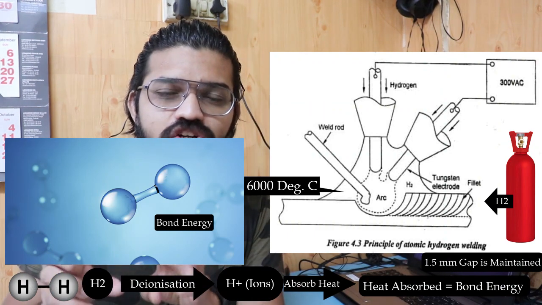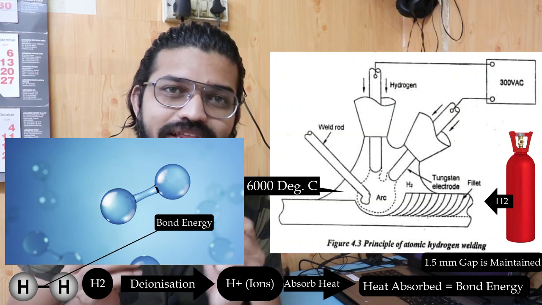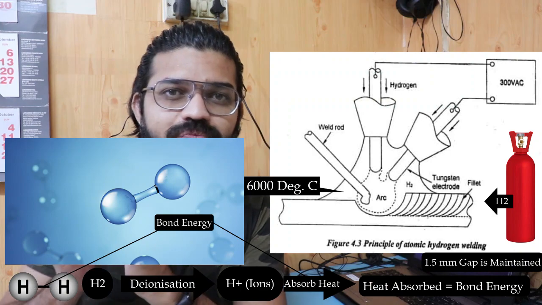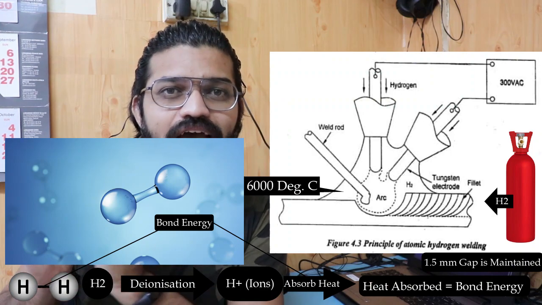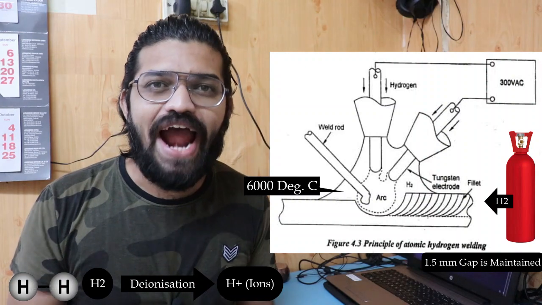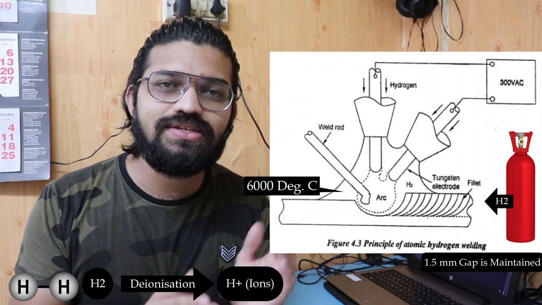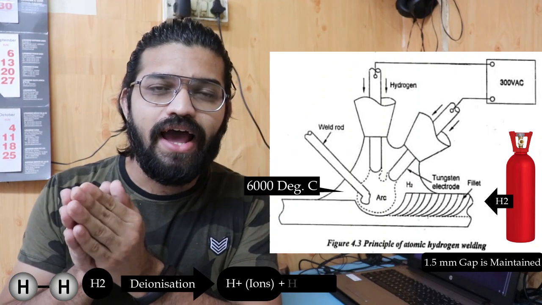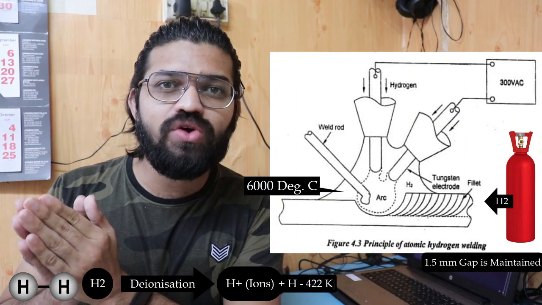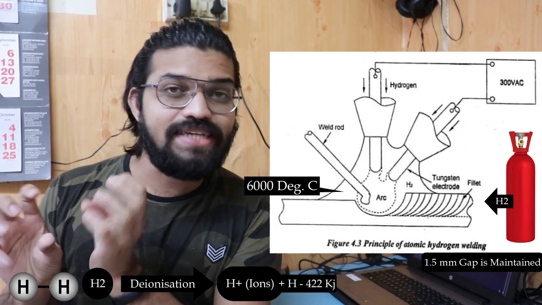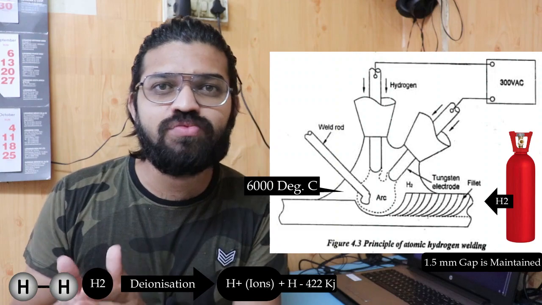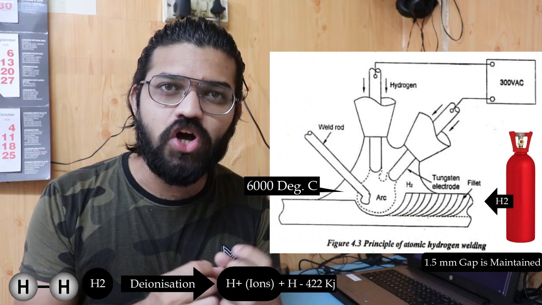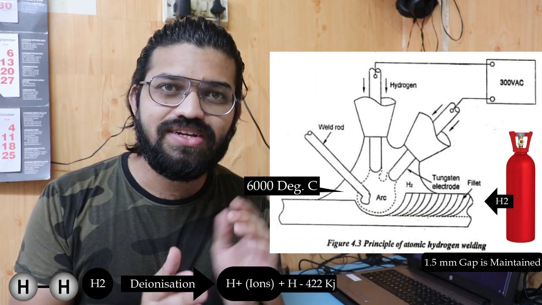So the heat absorbed during this process will be equal to the bond energy of this diatomic molecule. Here an endothermic reaction occurs: H2 gives us H plus ions, with 422 kilojoules of heat absorbed in this endothermic reaction. So the heat gets absorbed by the hydrogen atoms during the dissociation process, that is the endothermic process.